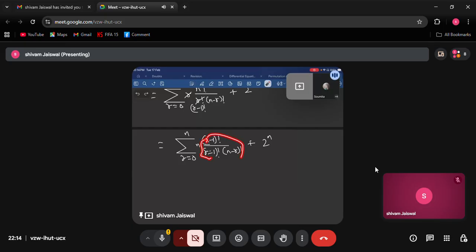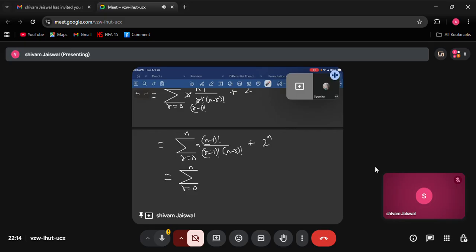N minus 1 whole factorial upon r minus 1 whole factorial into n minus 1 minus r minus 1 whole factorial. So, what is this? Tell me, Shamita.